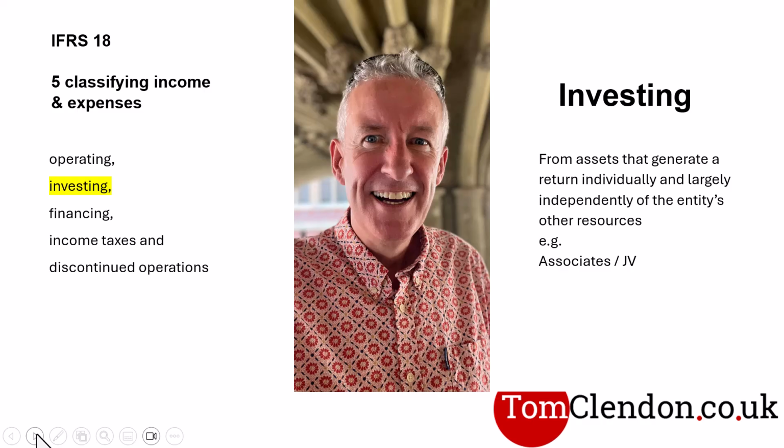Well, if you've got an investment in the associate, the income from the associate, the income from the joint venture, the share of profit, that is independent from the day-to-day revenue and activities of the business, as indeed would be any dividends you've got or interest you've got from financial assets, and would also you bring under this category any gains or expenses in relation to investment properties. Investing, you would expect the income and expenditure relating to investing.